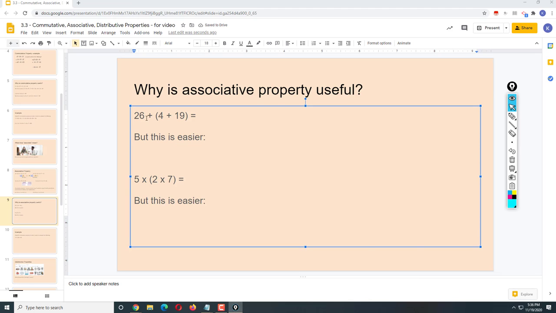Sorry, I had to change the question. This we can do, that's 26 plus 23, which is 47. But it's easier to group them a little bit differently and do this first. Similarly for this one, that's 5 times 14, but it's easier to group them this way.